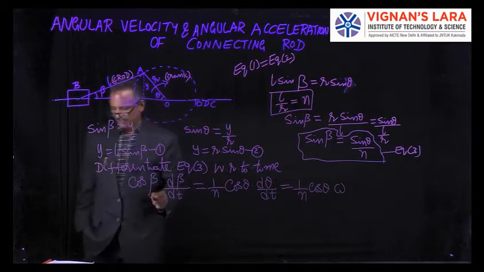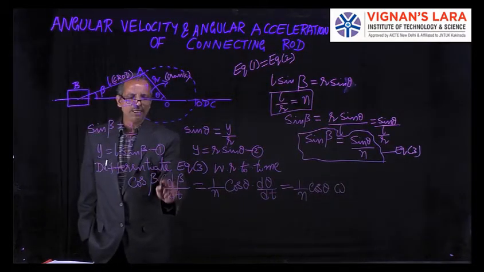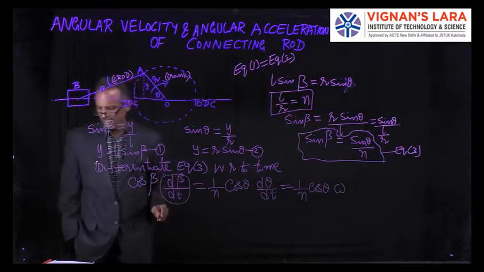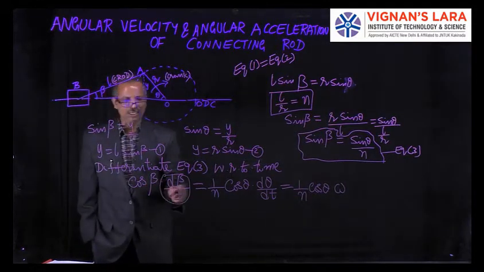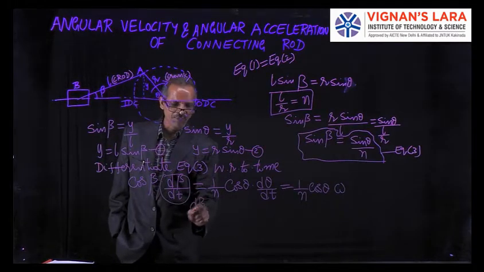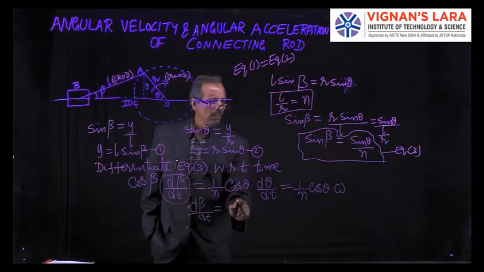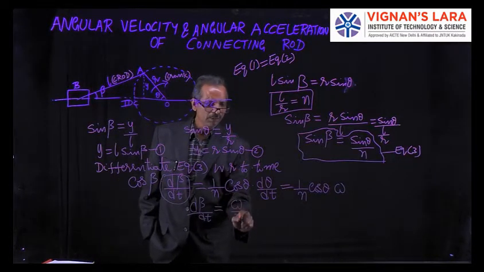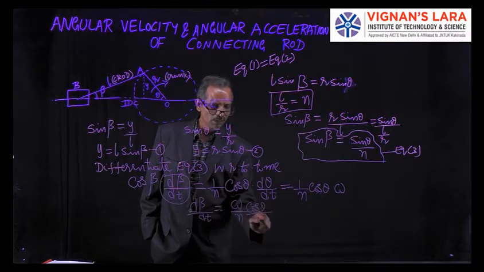Okay. Then here I replace d beta by dt as the angular velocity of the connecting rod, or let me first write what is d beta by dt. So d beta by dt is omega by n cos theta by cos beta.